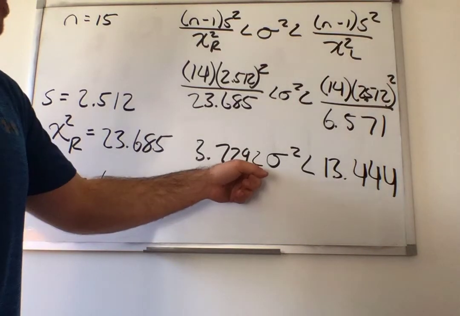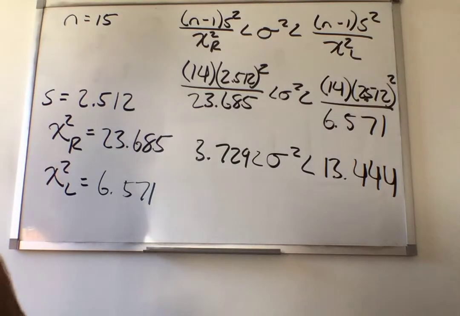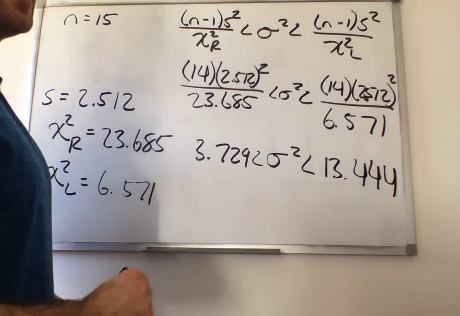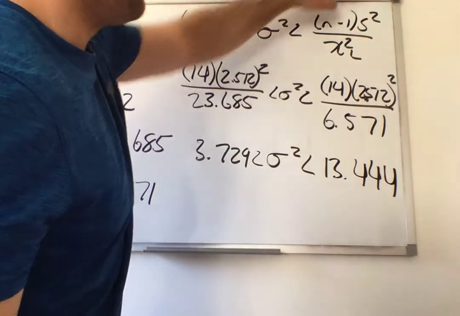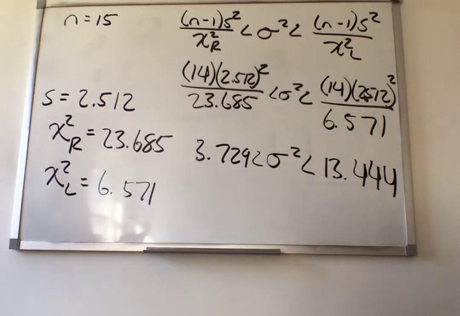A bigger number is less than a smaller number, so that should give you a hint that you mixed up these two, and all you have to do is flip the numbers, and then you've got the right interval. But that's only because the numerators are the same. The only thing that's different is the denominators. That allows you to switch them if you have them in the wrong spot to begin with.